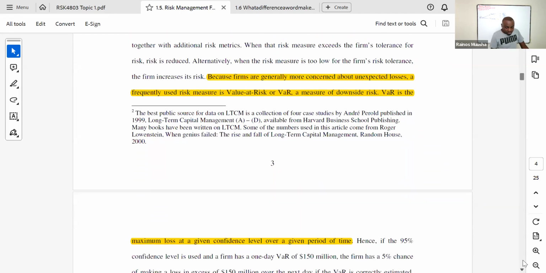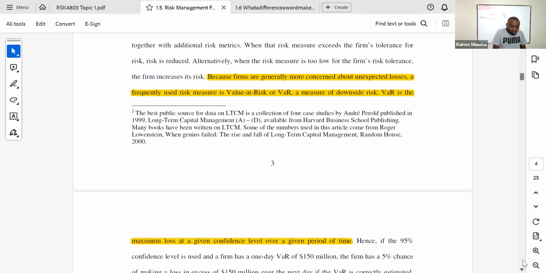Now, in the article, they also go on to say, because firms are generally more concerned about unexpected losses, a frequently used risk measure is value at risk, or VAR, a measure of downside risk. The value at risk is the maximum loss at a given confidence level over a given period of time.